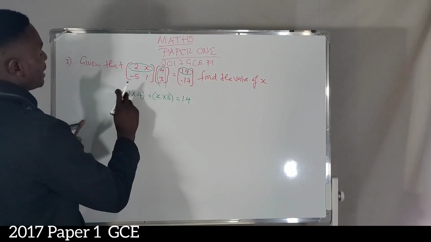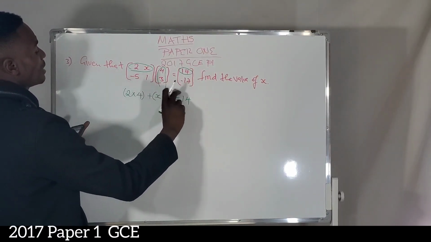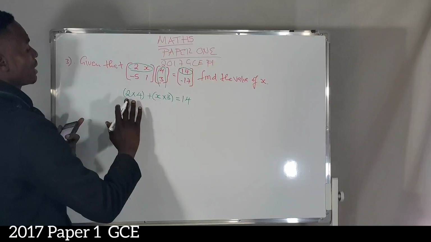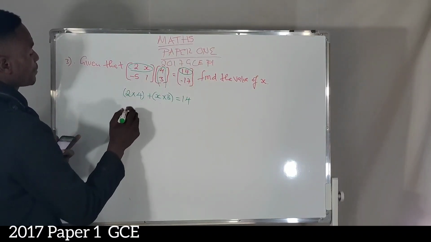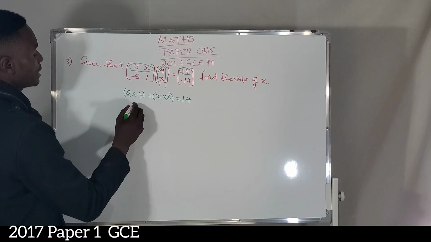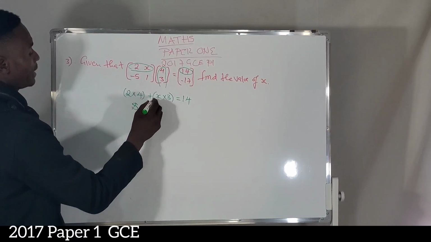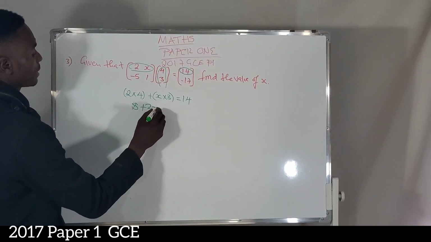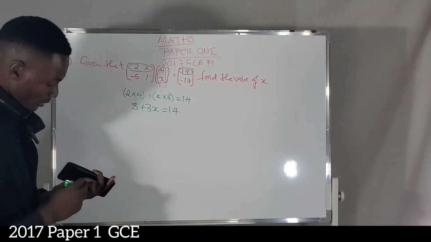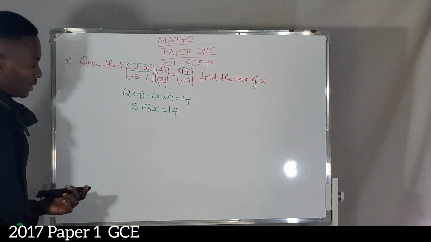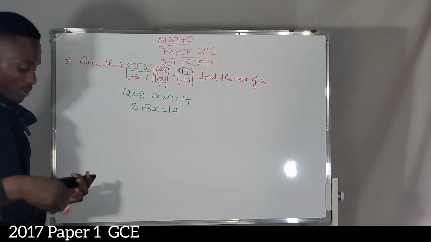Since we are interested in the part which will give us the value of x, we can just do this and leave this one out. So 2 times 4 is 8, then x times 3 is 3x, is equal to 14. Then you solve for x.